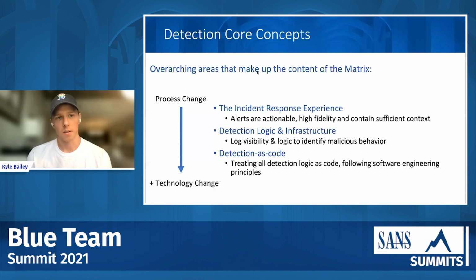So starting with things that are process changes that could be implemented without needing to go buy or build technology, to help the team start moving in a direction to shift yourself to the right on the maturity matrix. So the whole slide deck is ordered this way to hopefully make it a little bit easier to decide, if you're looking at all of this and it can be pretty overwhelming, where's the best place to start.